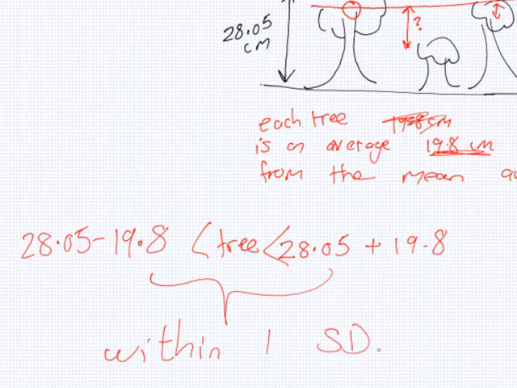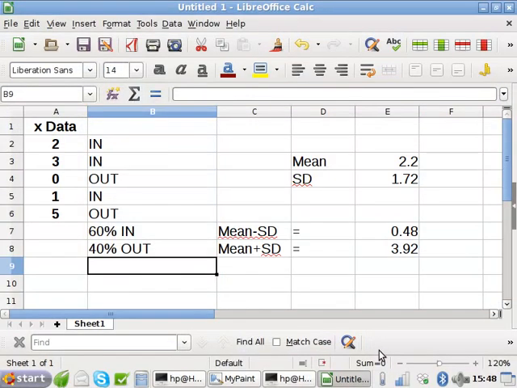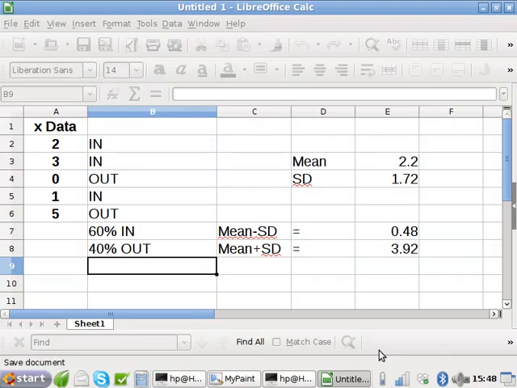Do you think this is some rule that 60% of the data is always within one standard deviation? It's not a rule, but it's usually true for normal data. So in fact, most of the time this is true. For normal data, about 60% will be within one standard deviation and 40% will be outside one standard deviation.